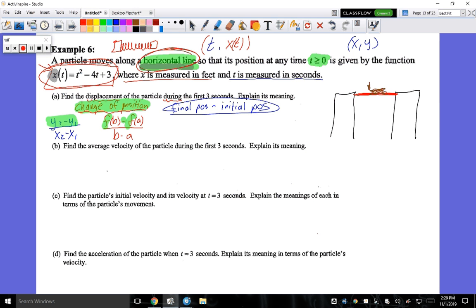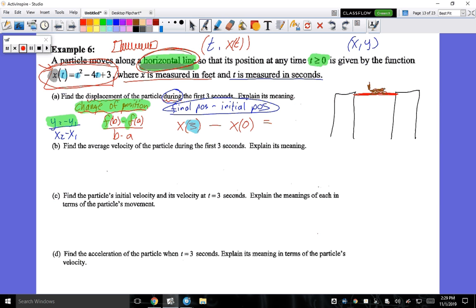Okay? So if I'm asking you during the first 3 seconds, what letters could I write to signify the final position? What could I write? X of what? X of 3. And I'm going to subtract my initial position. What's my initial position? X of 0. So now I'm going to plug in 3 as my input right here into my position function.